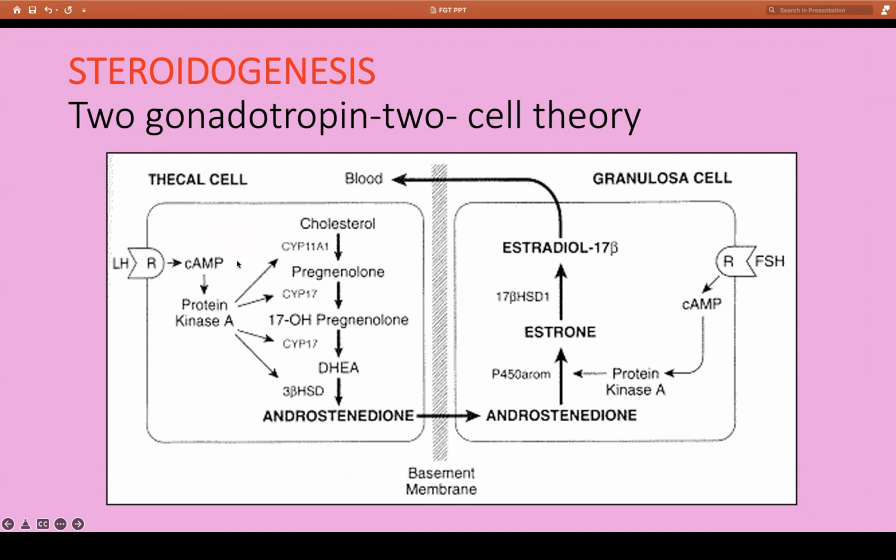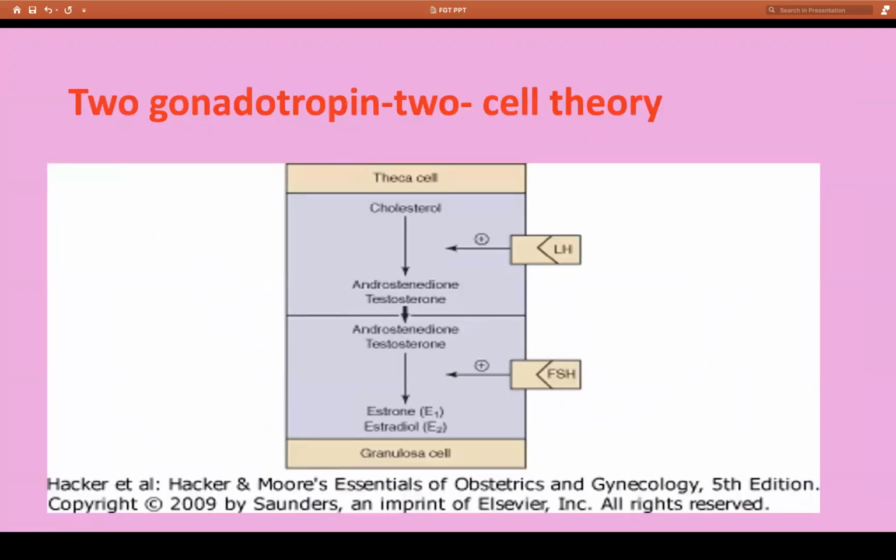Under the influence of luteinizing hormone, theca cells produce androstenedione from cholesterol, and that androstenedione undergoes changes in the granulosa cell under the influence of follicle stimulating hormone and is released as estrogen into the system. This is the two-cell theory.